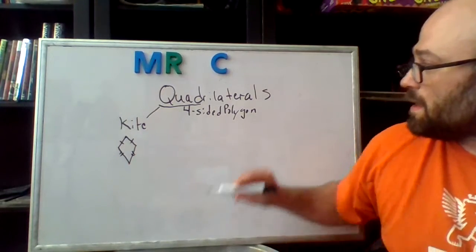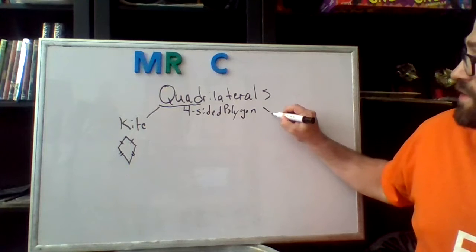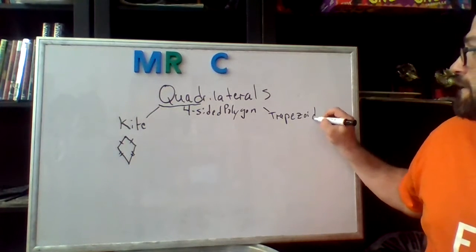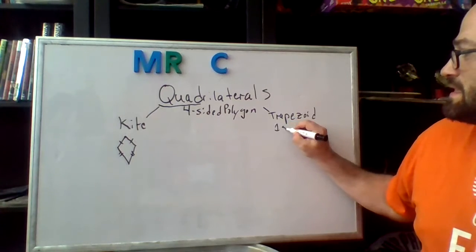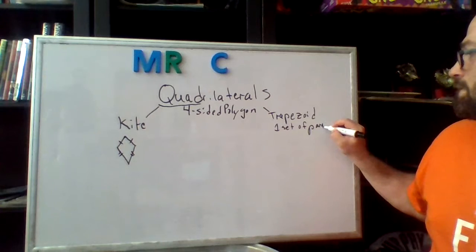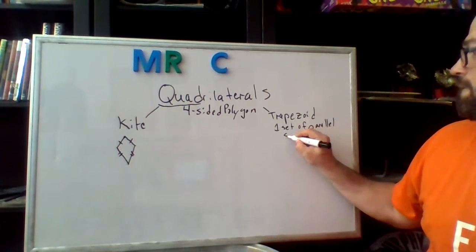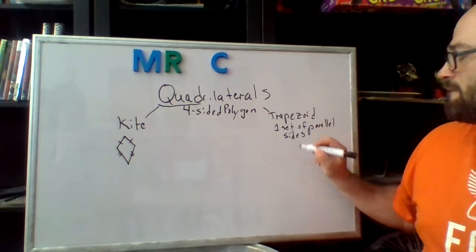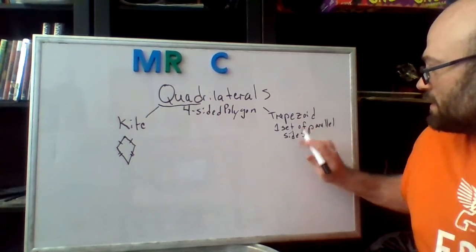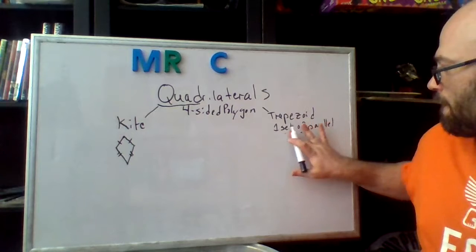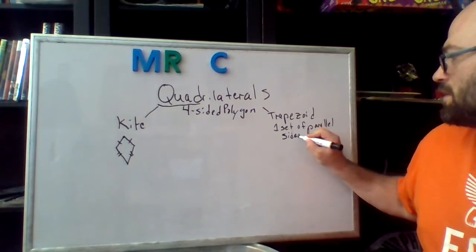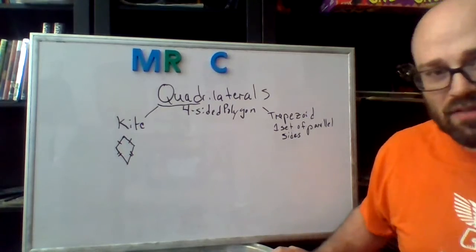Another one that comes off here is a trapezoid. That means it has one set of parallel sides, which you guys are familiar with. It's kind of hard to write sideways here, and I'm trying to make sure I keep everything on this board.